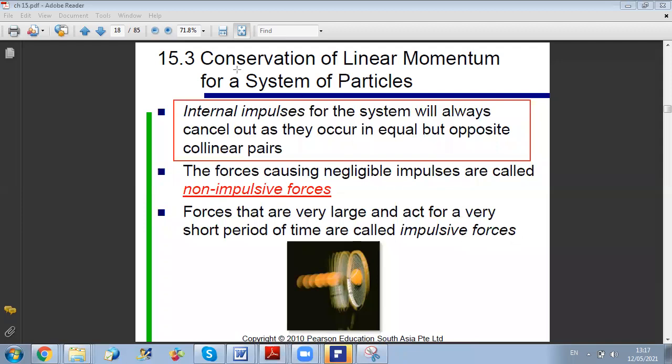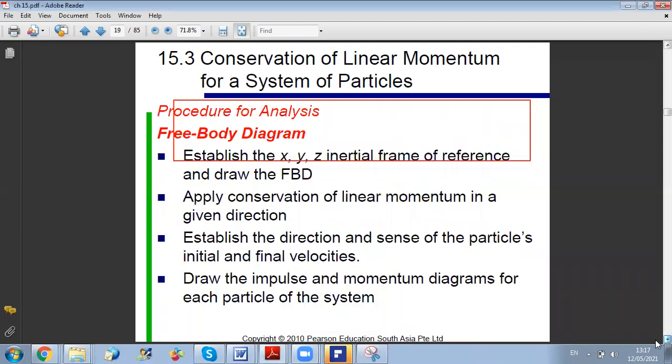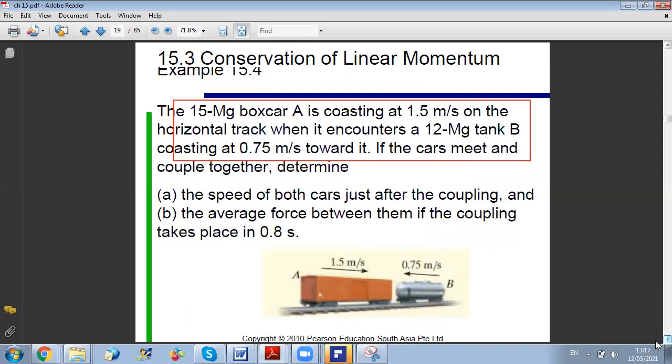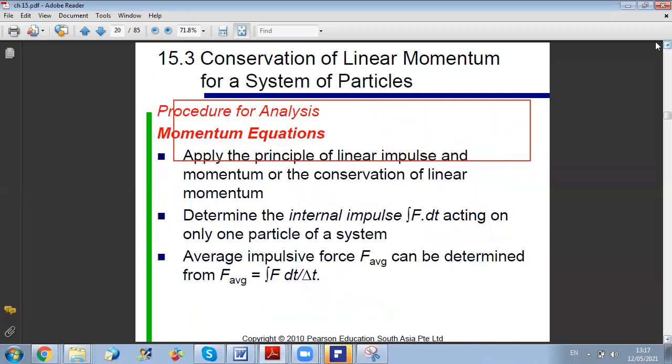Let us take some examples to practice on this. Just before, I want to introduce the concept of the average impulsive force. What do they mean by average impulsive force? You have an interaction between two objects, and there is an impulse between them. The definition of impulse is the integral of F dt.